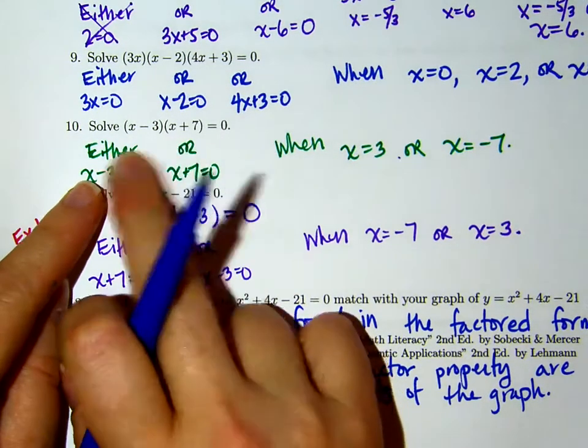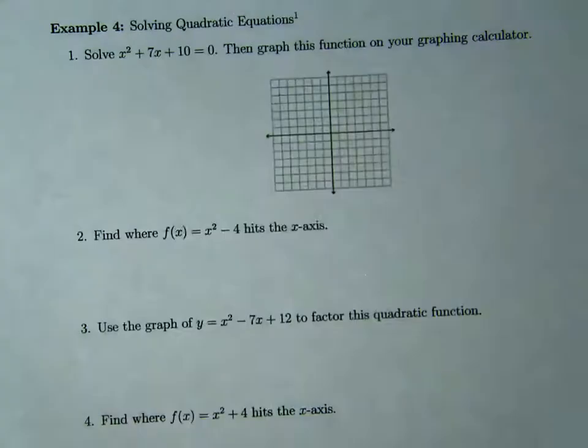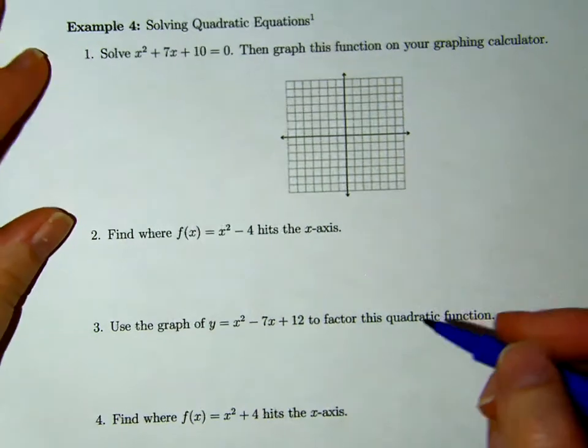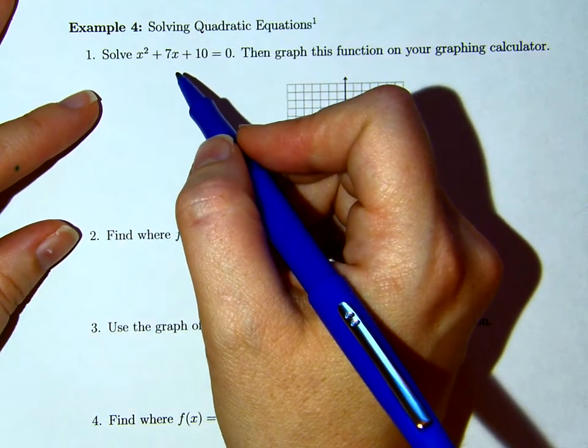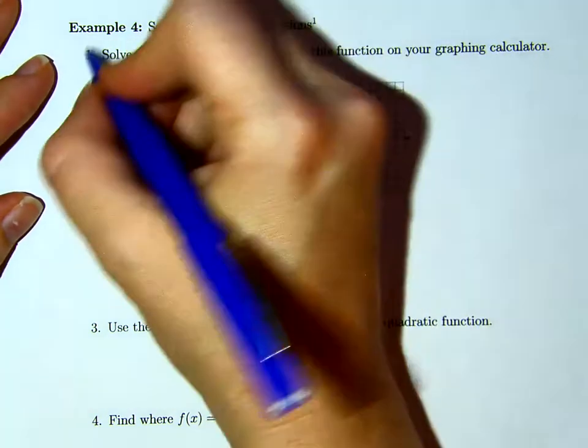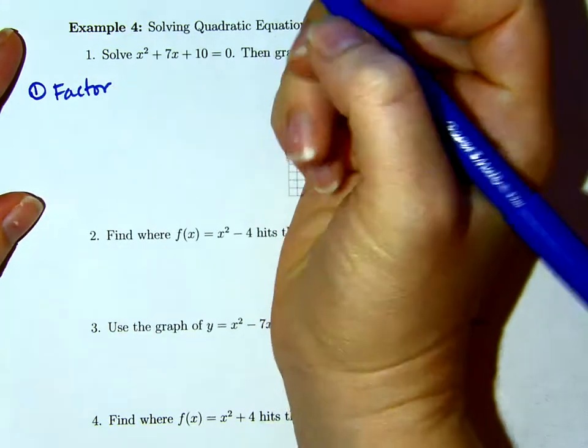So solving it means you have either this or you have that, and then you can find your values when that happens. So let's solve this equation. Right, so our first job, step 1, factor.